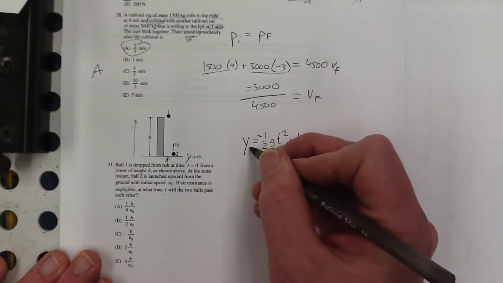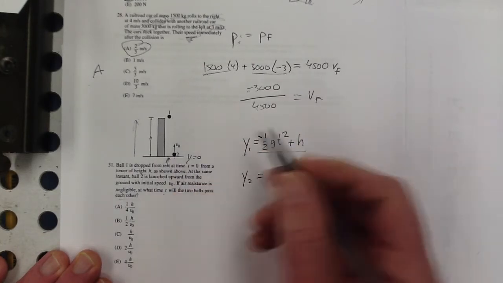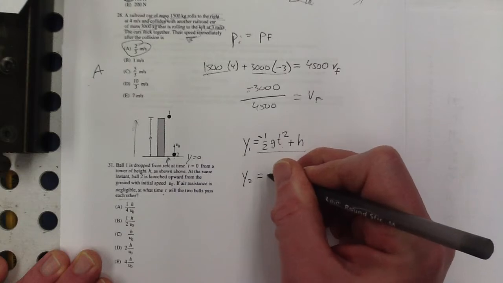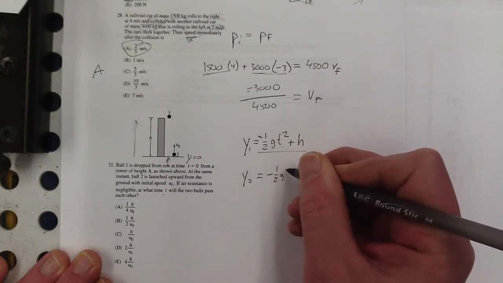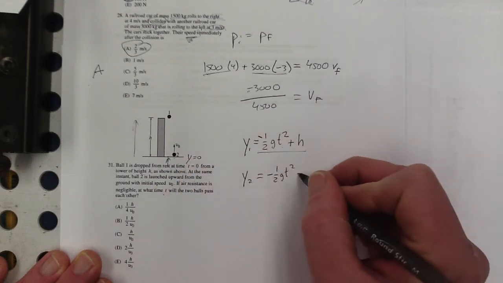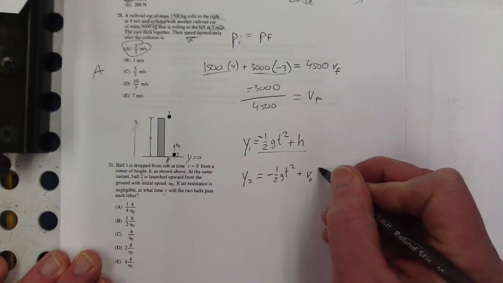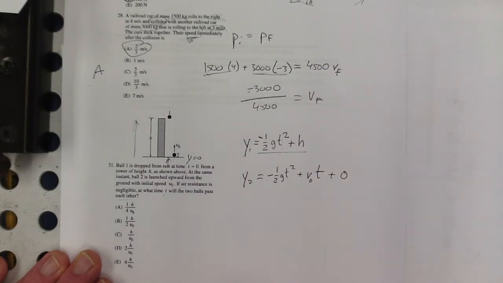That's the position of the first one. The second one has the same acceleration, negative 1/2 gt squared. It has an initial velocity of v sub 0, but it starts at height 0.